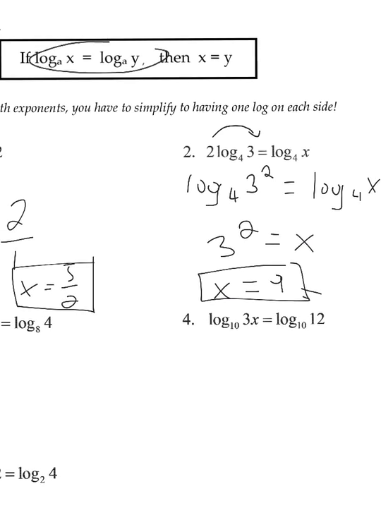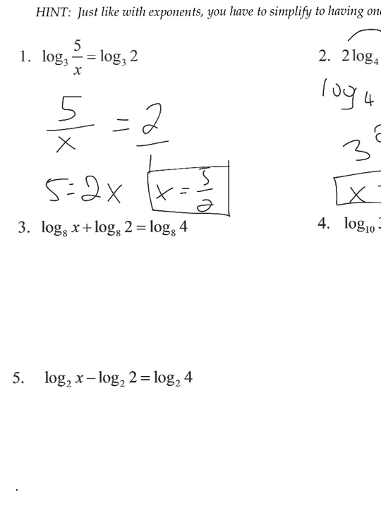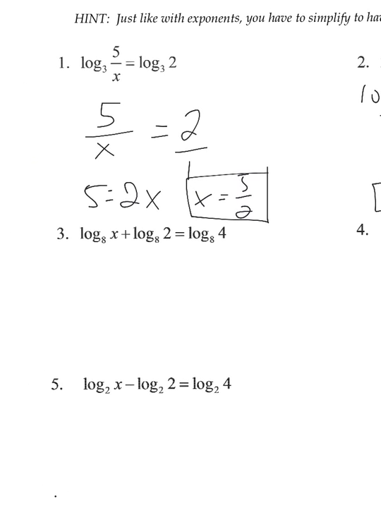Take a minute, actually 30 seconds. Think about question number 3. So in number 3, I have log base 8 of x plus log base 8 of 2 equals log base 8 of 4.